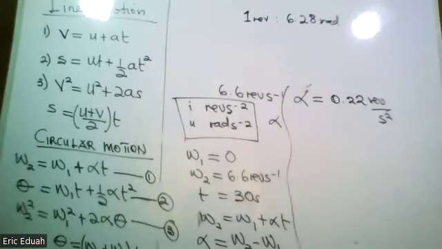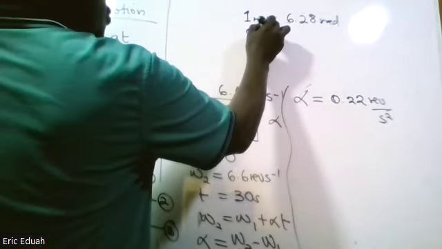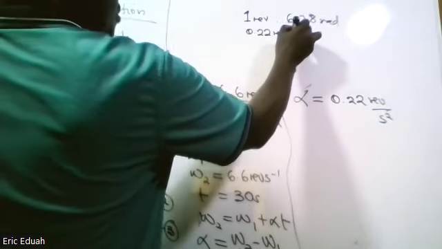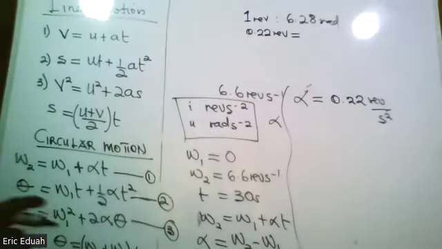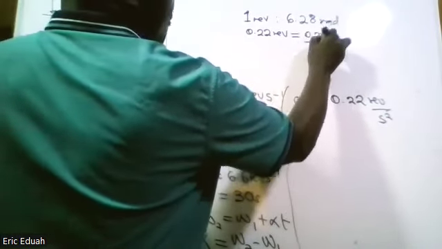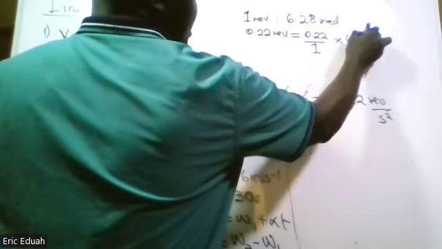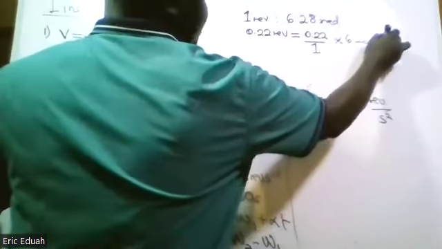radian. So if 1 rev is this, we have 0.22 rev. Will it be more or less? Less. So 0.22 over 1 times 6.28 radian.